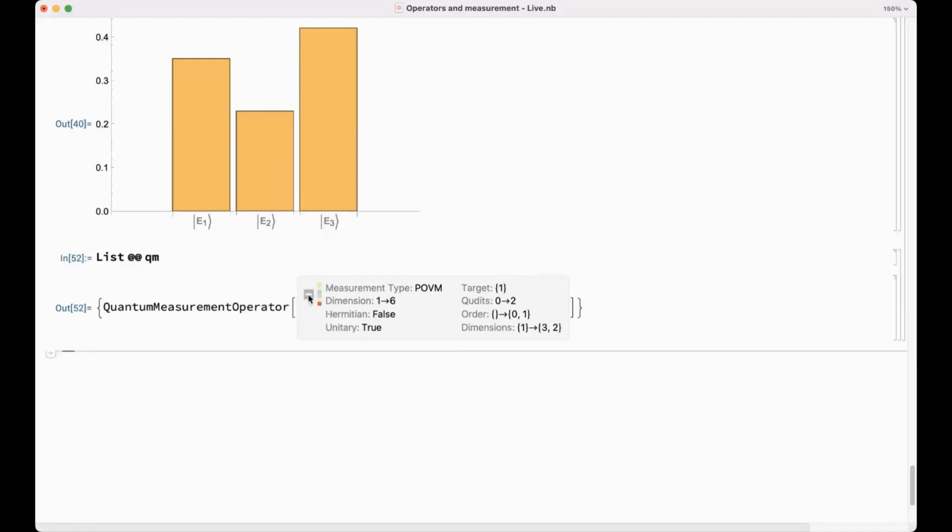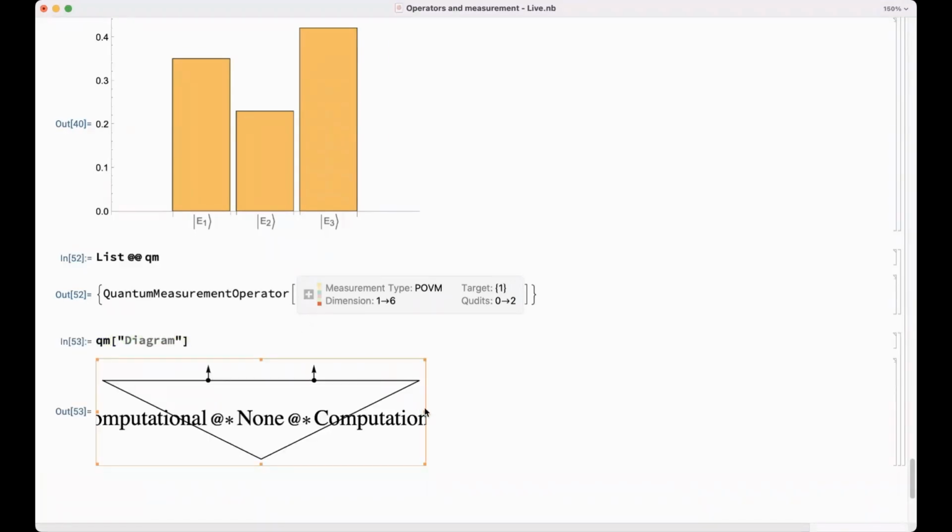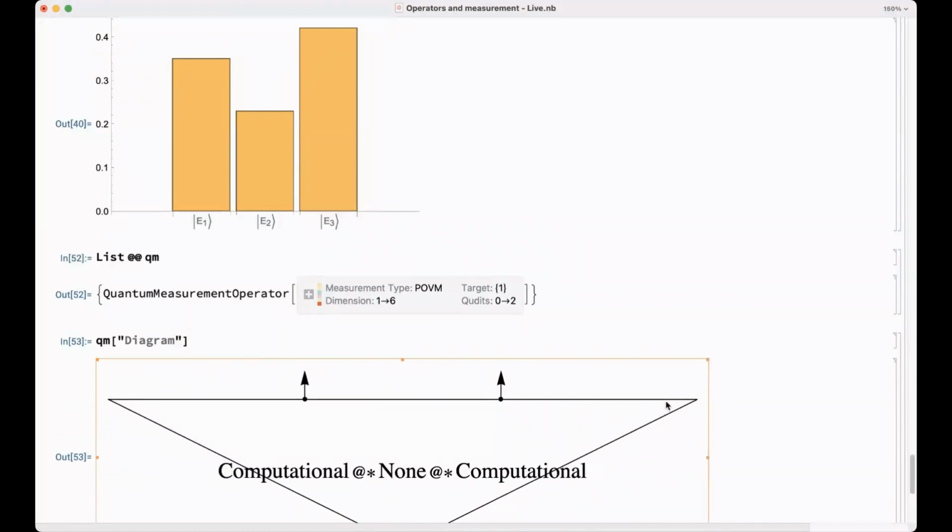The way we deal with that is to go to a higher dimension, a much larger Hilbert space, where we include everything. That's why the diagram for your measurement is the same as for a quantum state.